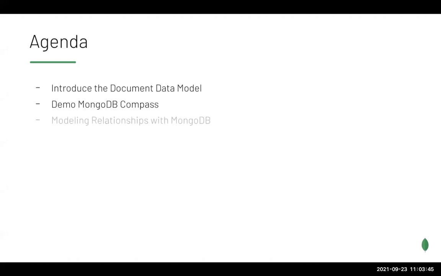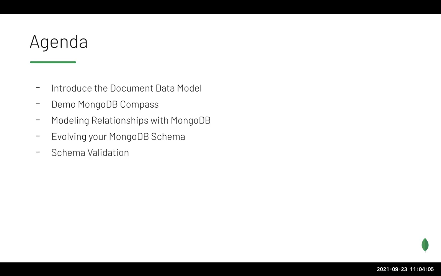So let's talk a little bit about the agenda for today and what we're going to be covering. To kick off the webinar, I'm going to introduce you to the document data model and what that means for your applications as you start building them. Then we're going to take a quick look at MongoDB Compass, which is a GUI tool for visualizing your MongoDB data.